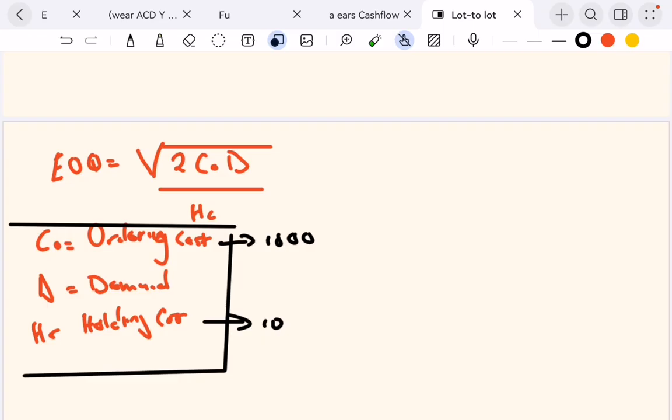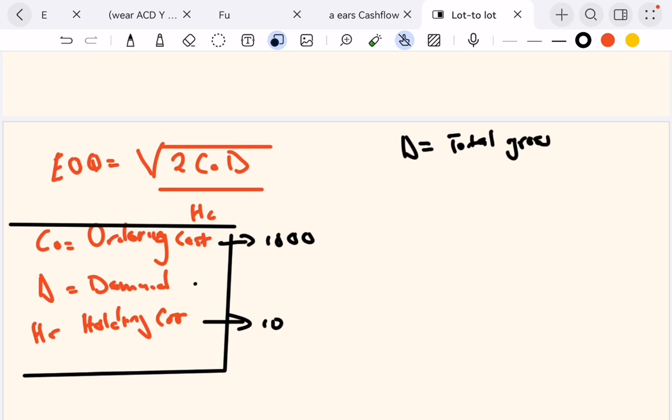Remember we need to find the economic order quantity. 2, we already have the ordering cost, which is 1,000. The demand we don't know yet. The holding cost here is 10. So the demand, just allow me to write D for demand, is equal to the total gross.